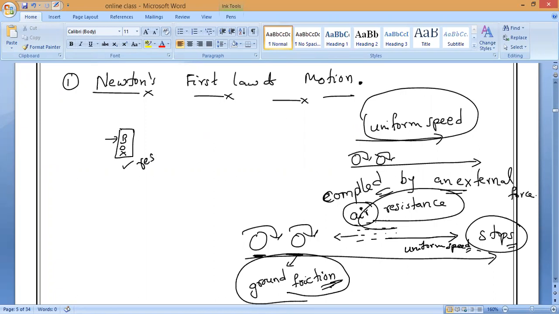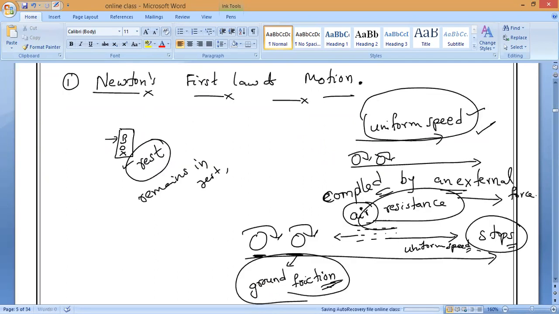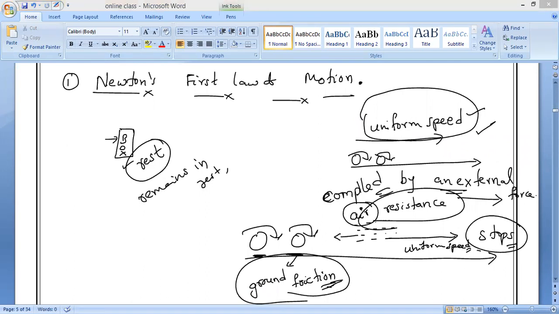The body which is in a state of rest remains at rest. The body which is in motion remains in uniform motion in a straight line. Understand? Unless it is compelled by an external force to change its state of rest or to change its uniform motion.